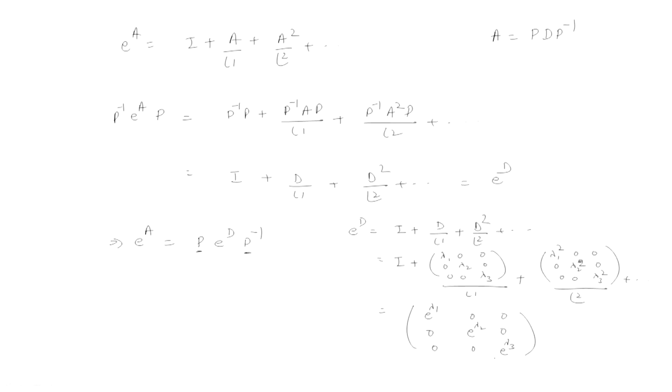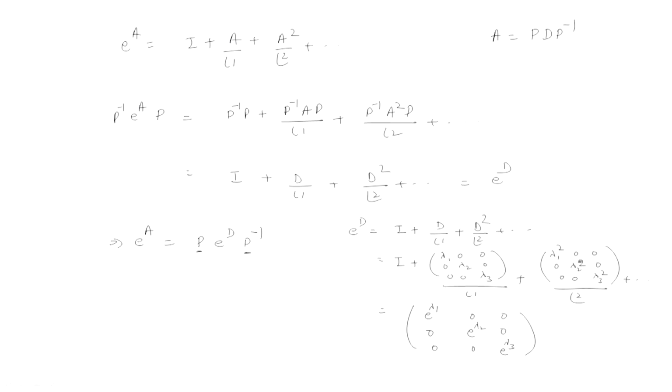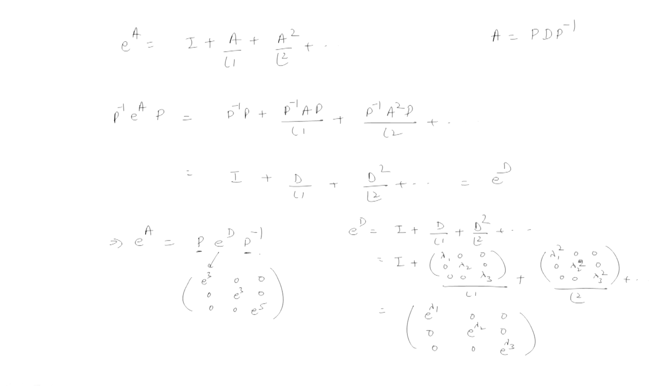So, E raised to power D is E raised to power lambda 1, 0, 0; 0, E raised to power lambda 2, 0; 0, 0, E raised to power lambda 3. In this case, E raised to power D will be E raised to power 3, 0, 0; 0, E raised to power 3, 0; 0, 0, E raised to power 5. Hence we can find E raised to power A, the exponential of a matrix, by simply multiplying these 3 matrices.